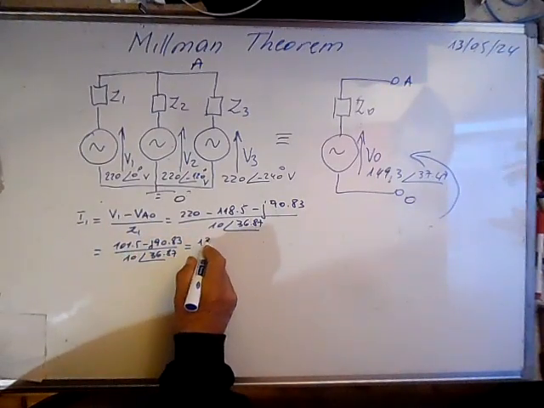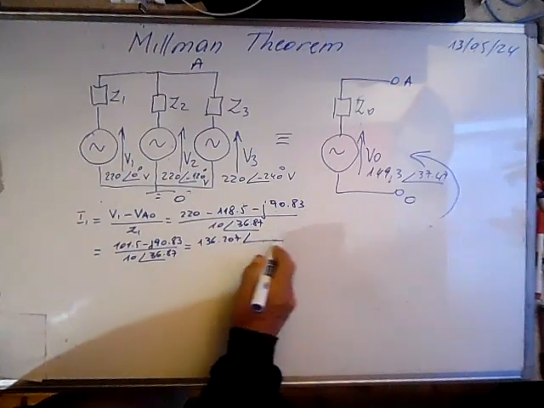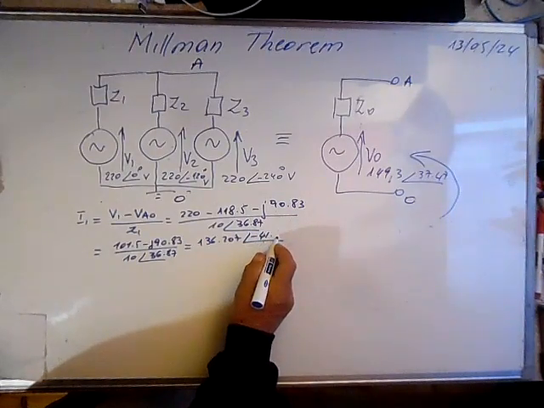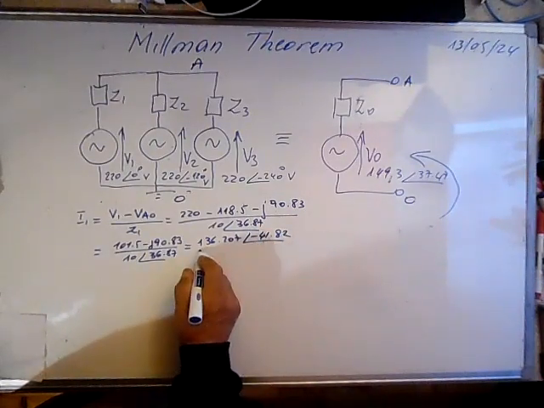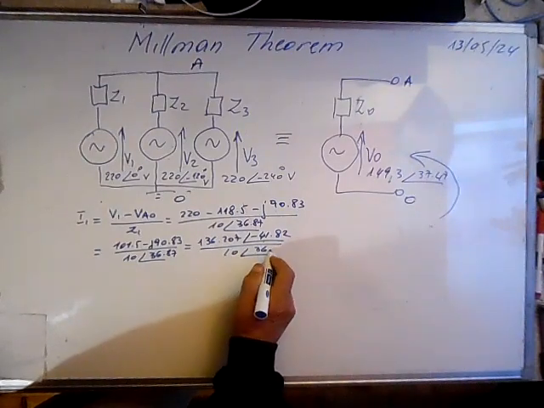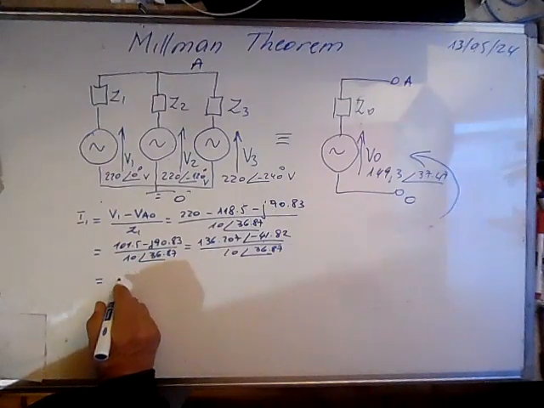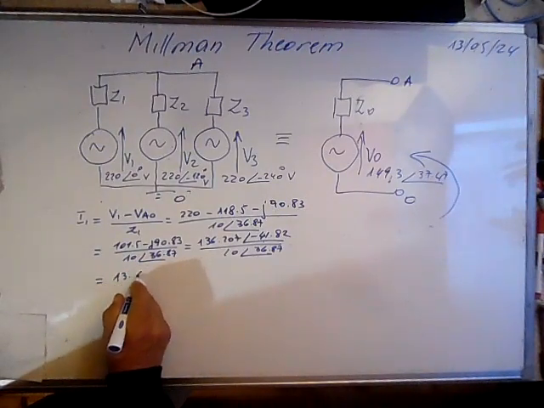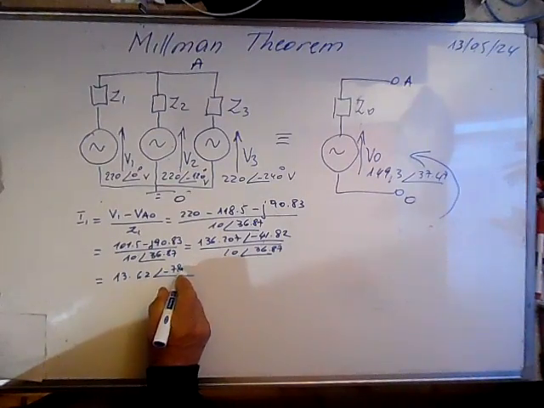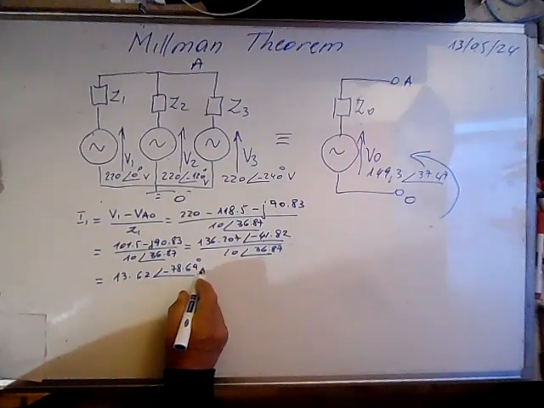In polar form this is 136.207 at minus 41.82 divided by 10 at 36.87, which will give us a current of 13.62 at minus 78.69 degrees in amps.